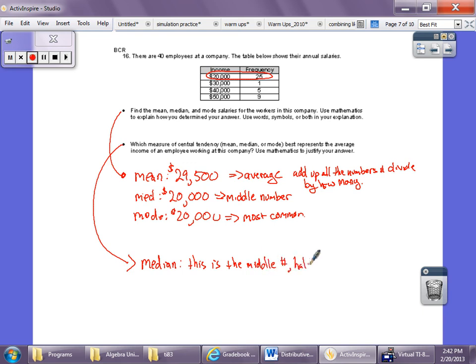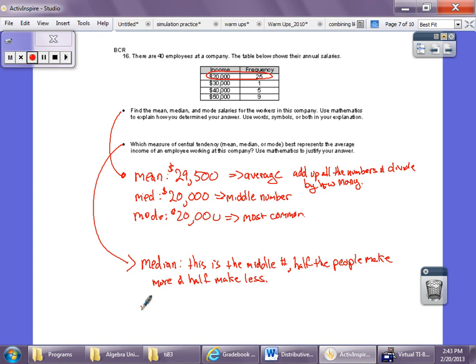Okay, half the people make more and half make less, or above or below, because they actually, it's all 20,000.